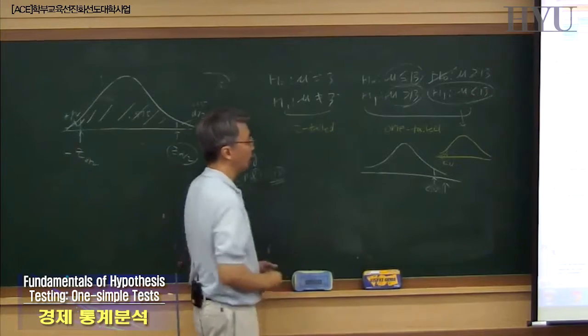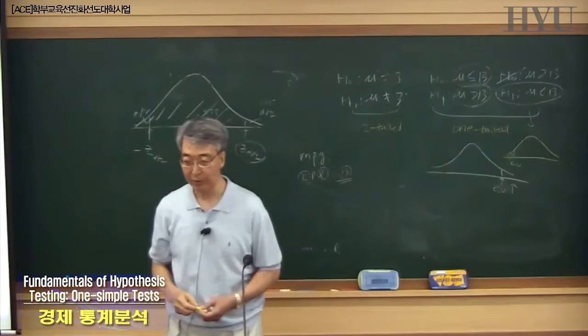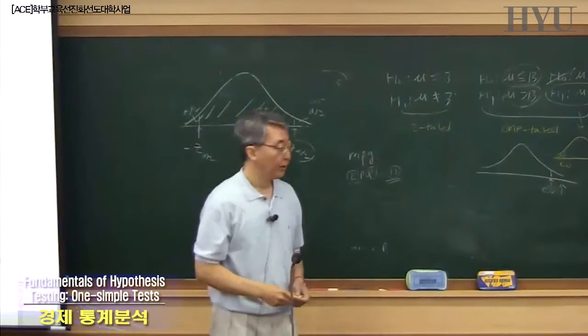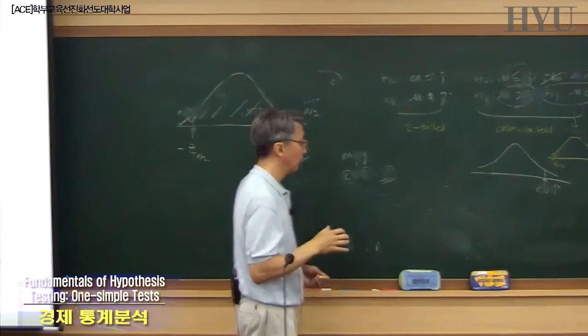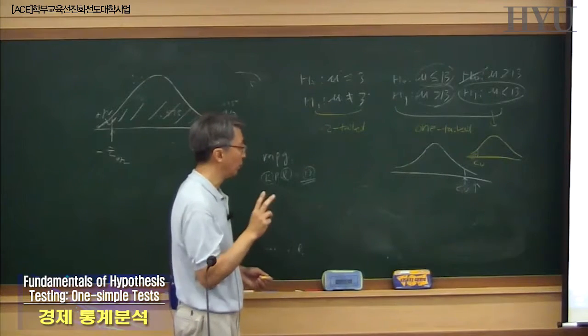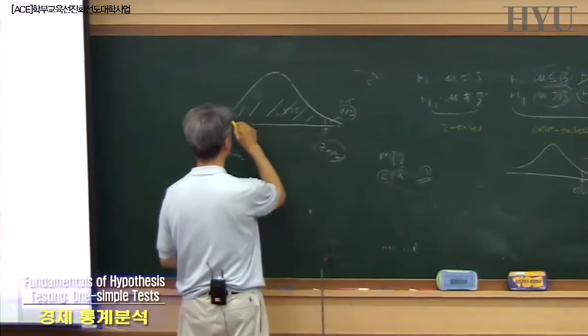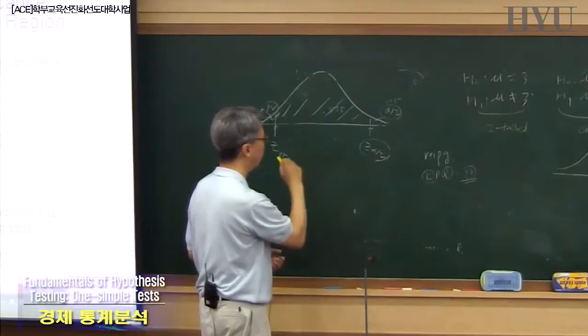The difference is, if you want to be 95% confident in your conclusion in a two-tail test, then you have to distribute half of 0.05 on each side.